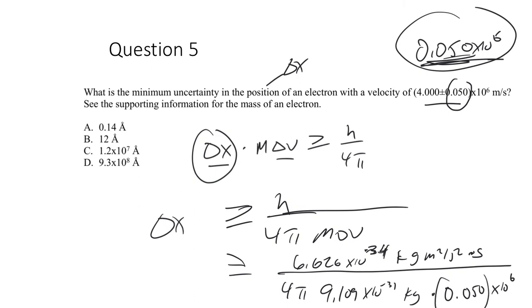So we use the uncertainty, the plus minus value. This is our delta v. And so I think this comes up to 12 angstrom.